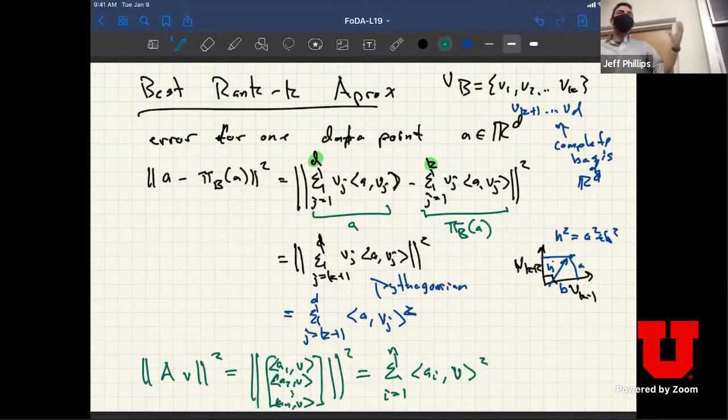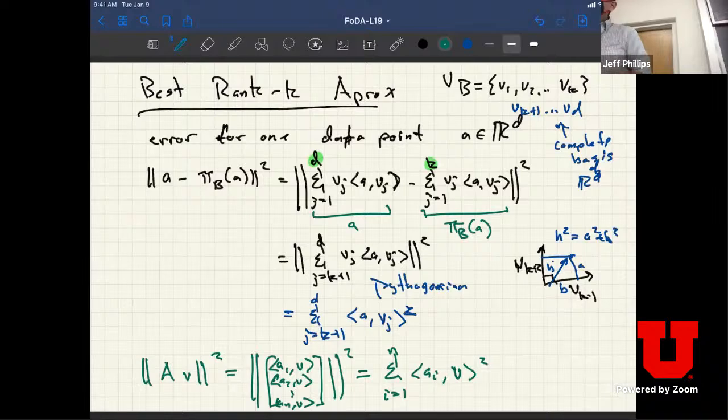Okay, so now I can combine these two properties together, right? The first one that I got to in blue is for a single vector A, and it gives me, onto a basis, a sum. The error is the sum over the vectors Vj. And for a full matrix A, where I have n data points, I can get that as a sum of each data point times the vector.